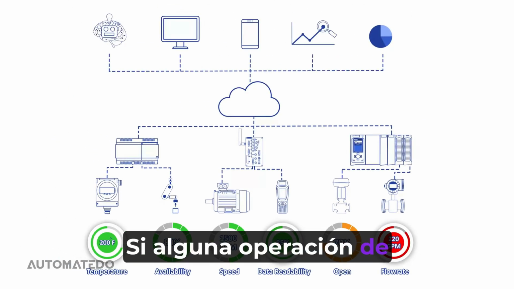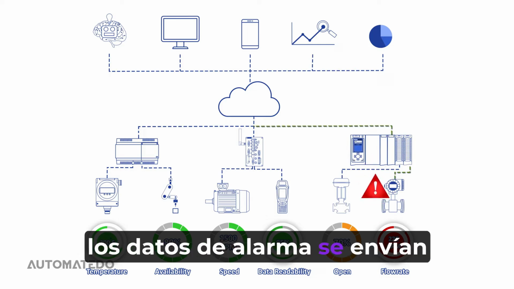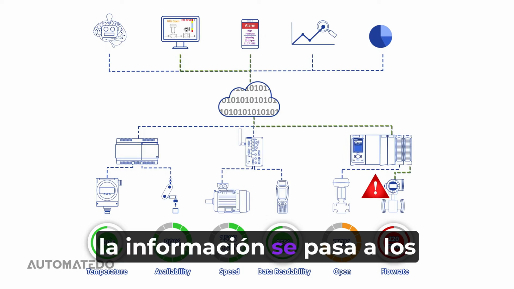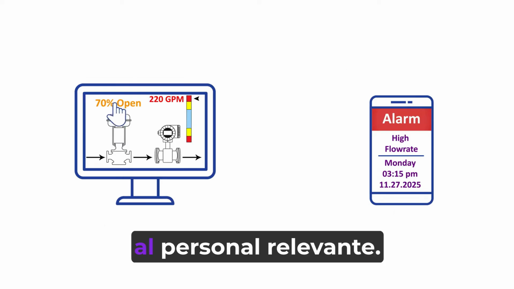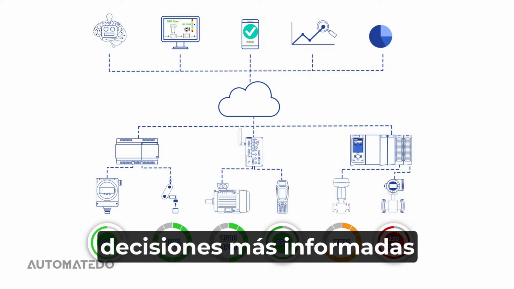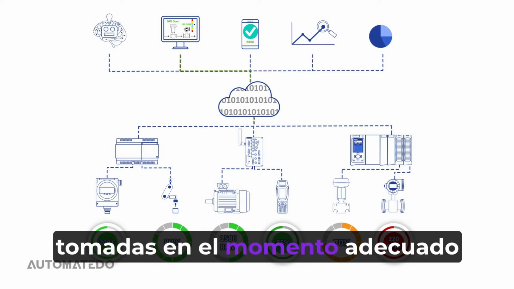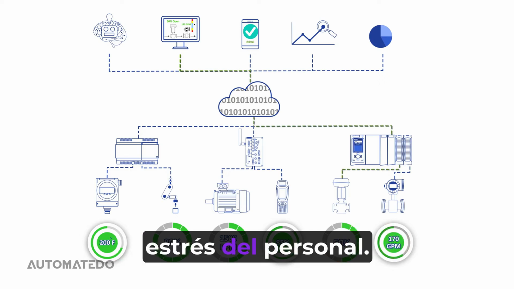If any machinery operation across a plant faces alarm conditions, the alarm data is sent to the cloud. Then the information is passed to monitoring systems to deliver immediate alerts to relevant personnel. Thanks to the IoT solution, this hardware can offer more informed decisions made at the appropriate moment to keep the factory functioning and lower staff stress.